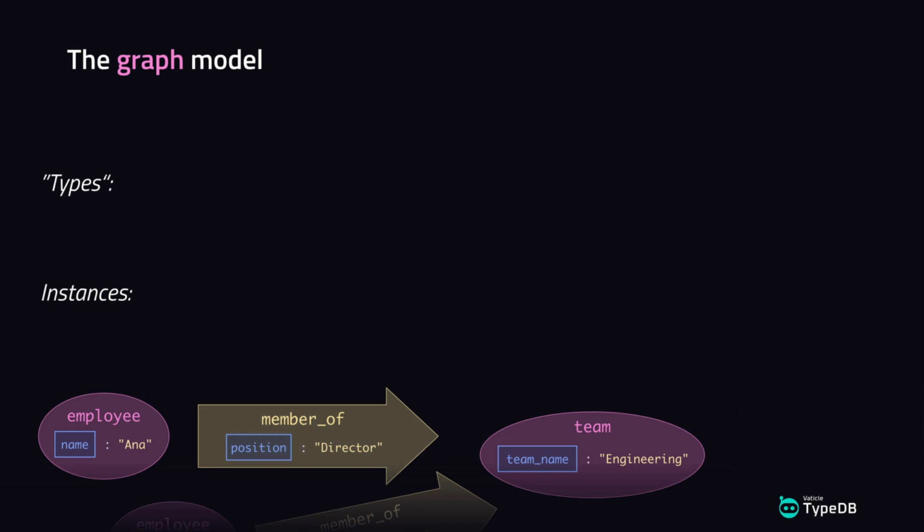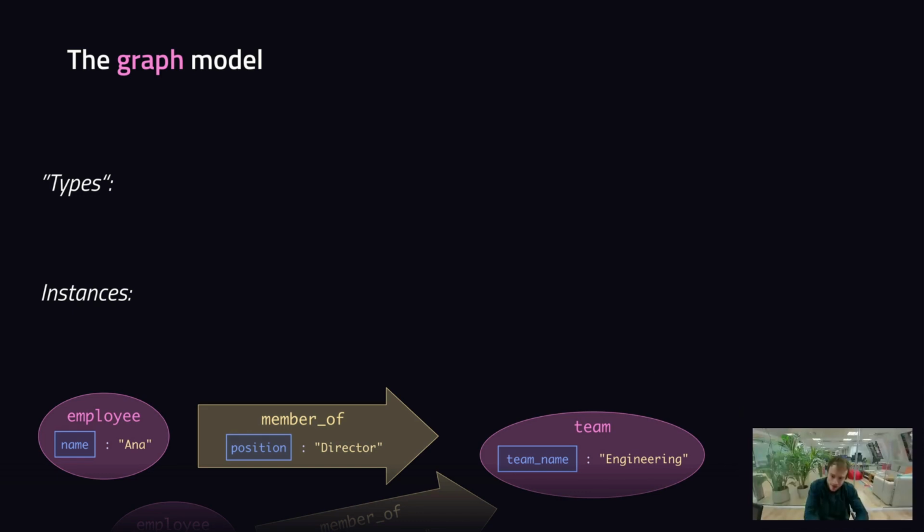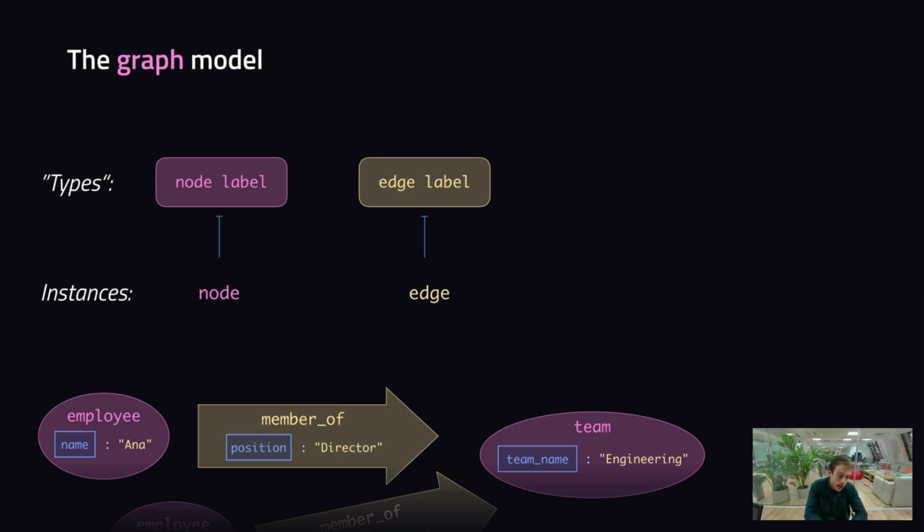Let's look at another example. Let's take the graph model, by which I really mean the labeled property graph model. First and foremost, the graph model comprises nodes and edges, and both of these are categorized. So nodes are categorized by labels, so-called node labels, and edges are categorized by edge labels. There's also values, of course, in the graph model.